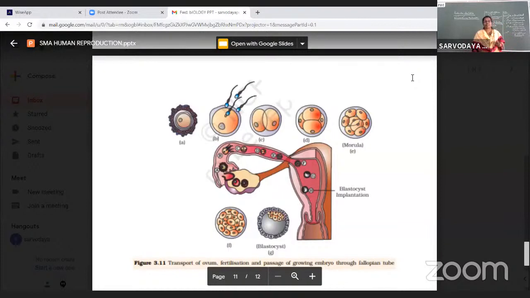Signals from the fetus and the placenta will initiate the process of parturition.